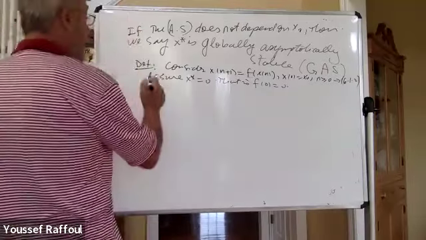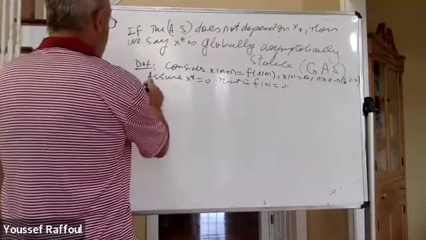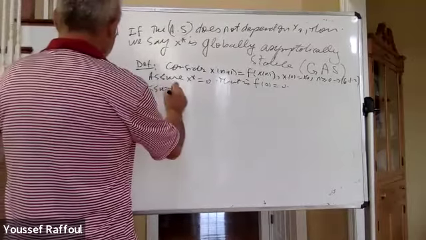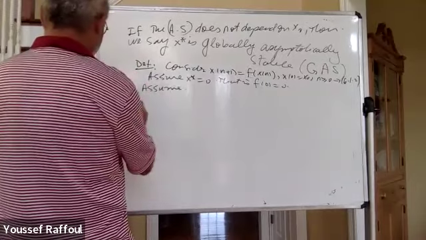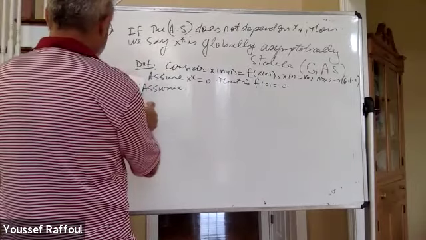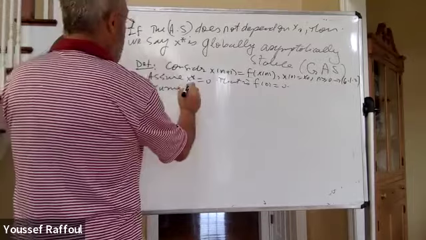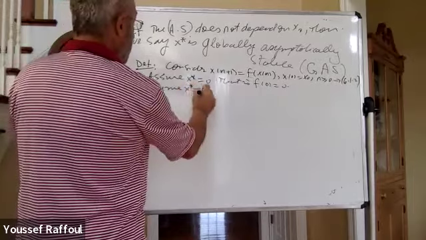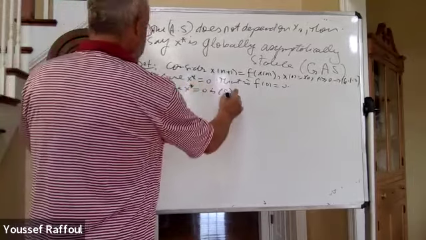All right. So now assume x star equals 0 is stable.